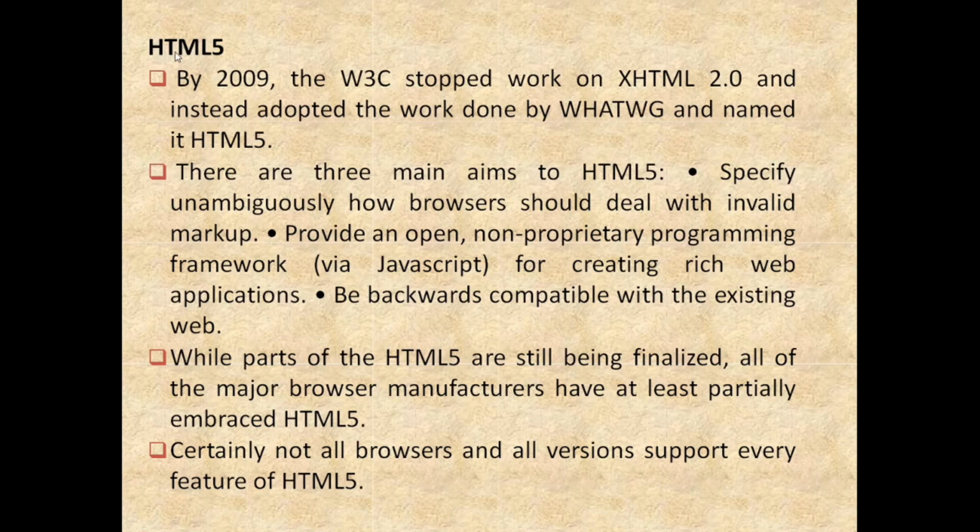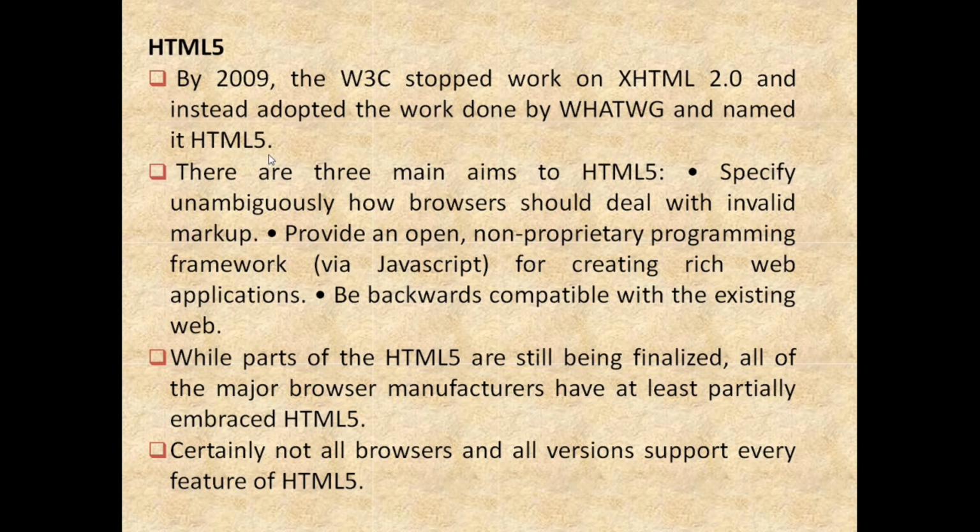Next, HTML5. Let us see what they have to say about it. By 2009, the W3C stopped work on XHTML 2.0 and instead adopted the work done by WHATWG and named it HTML5.